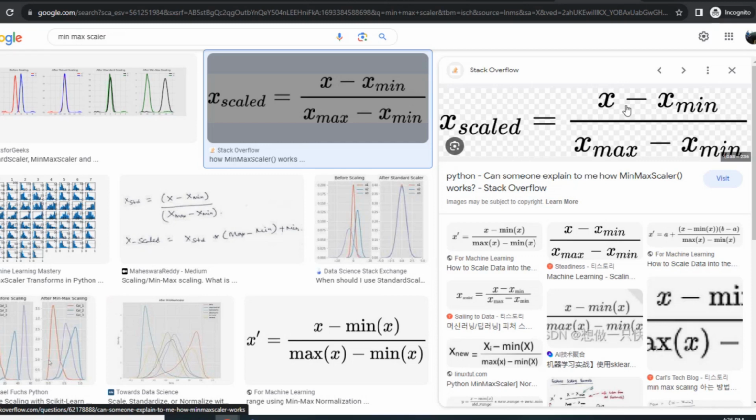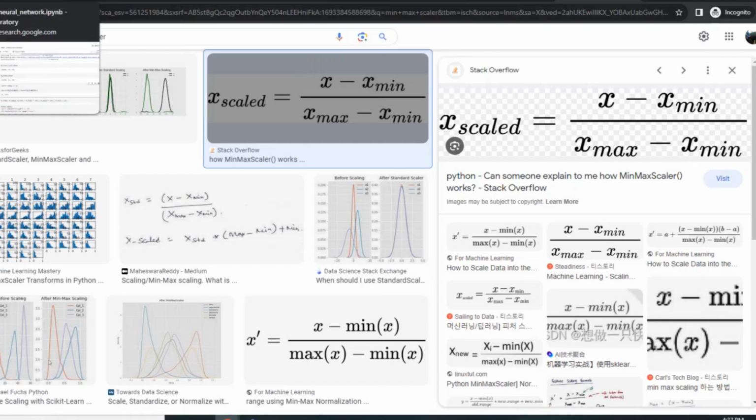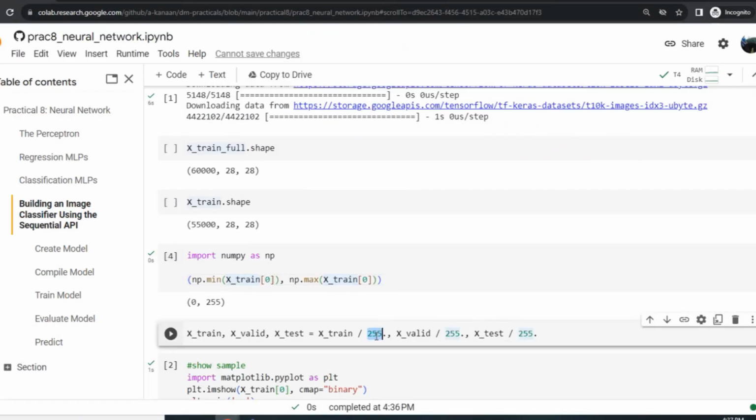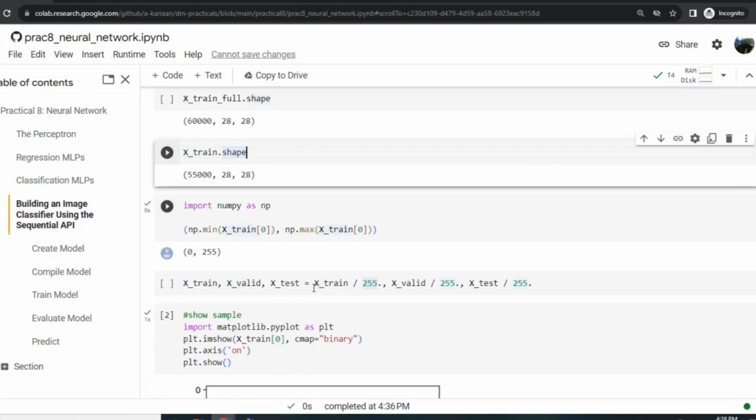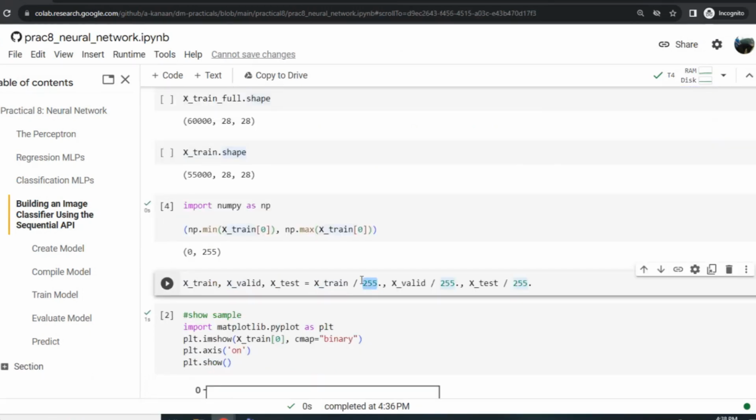So we only have in the numerator x, divided by x max minus x min, which is 255 minus 0, so 255. This is why we end up dividing by 255. Okay, clear? So basically we are taking min-max scaler with 0 for min and 255 for max, and then we normalize our data.